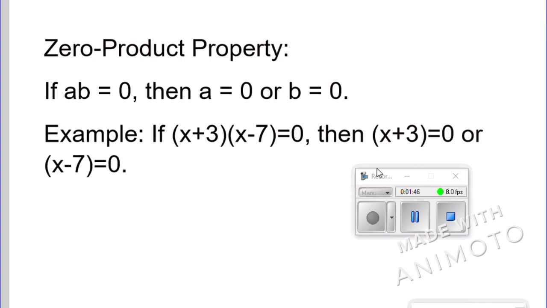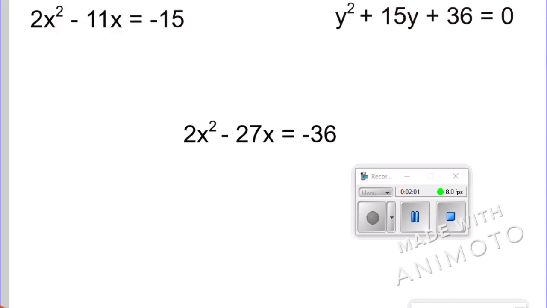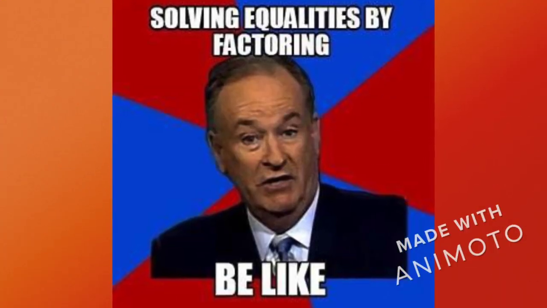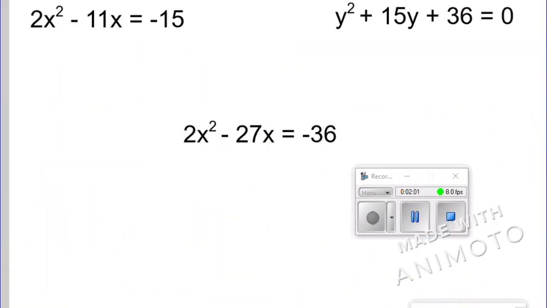And the reason I said negative 3 and 7, like I mentioned here, is that if that was negative 3, it would make that parenthesis 0, and if this was positive 7, it would make what's inside that parenthesis 0. So essentially that's the zero product property, and we can use that to solve quadratic equations.